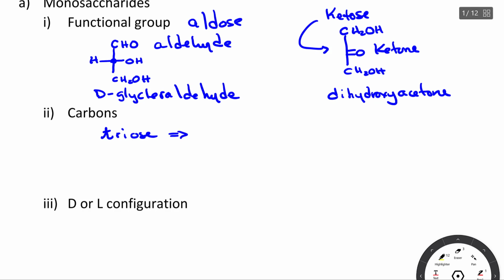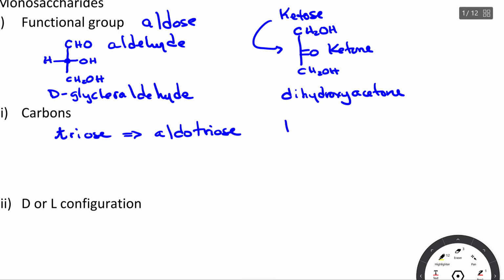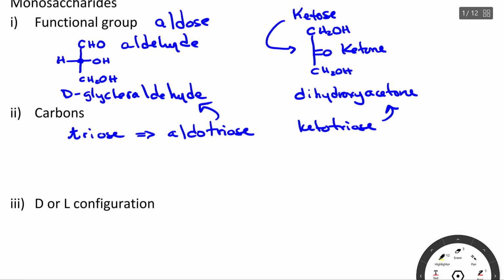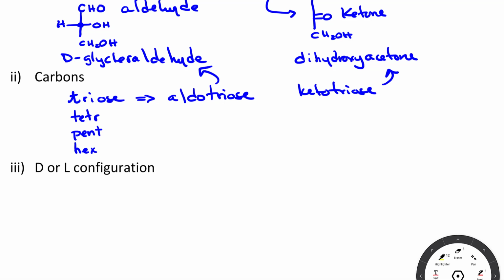But you can say an aldotriose and then you can say ketotriose, to designate it's the aldehyde version or the ketone version. 4 carbons would be tetrose, and then pentose, and then hexose. So, glucose and fructose are both hexoses. One is an aldohexose, and the other is the ketohexose. And I'll talk about that here in a second.